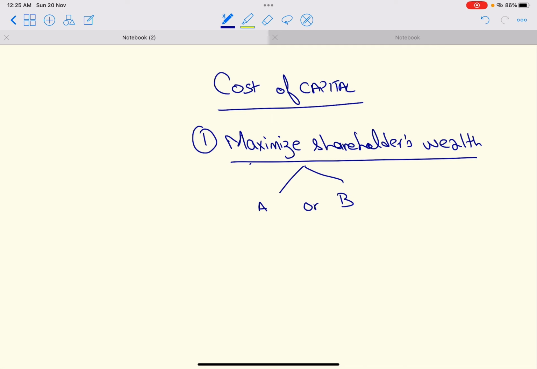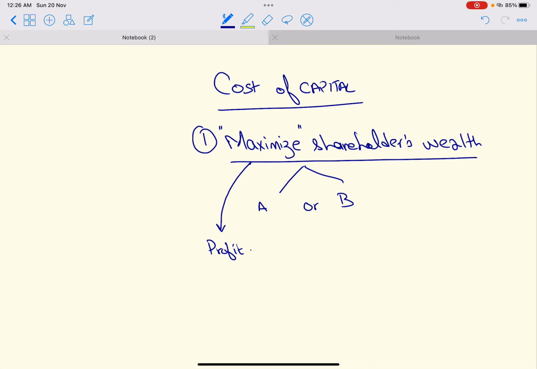If I want to find out if anything is maximizing shareholders' wealth, there is one component that I need to see. Most of the time, people answer that if it's profitable, then we're going to choose that project because that is going to help in maximization of shareholders' wealth.